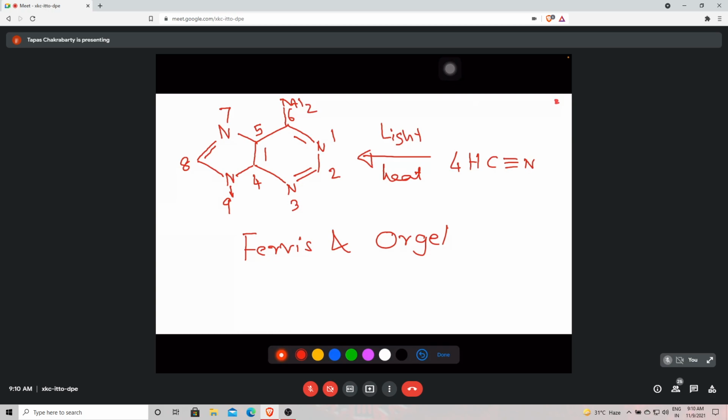Now, the actual yield, that is, to what extent this polymerization occurs, is extremely low. Not only that, unless there is a sufficient concentration, identification of adenine from the polymerization of hydrogen cyanide is difficult to observe. Okay, the yield was extremely low.